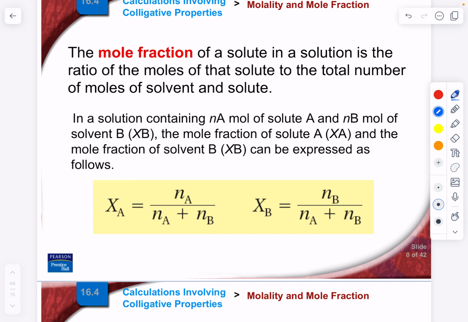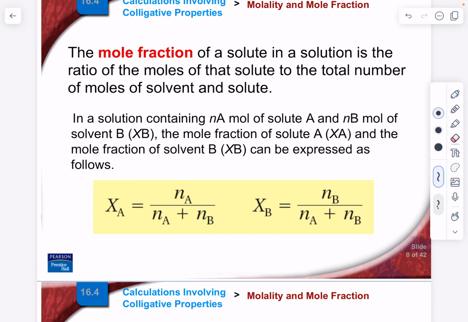Sometimes we multiply the pressure. Instead of using that equation that I just showed you, we multiply it by the mole fraction. When we multiply it by the mole fraction, we're finding what fraction of the vapor pressure is due to the solvent, and what fraction is due to the solute.